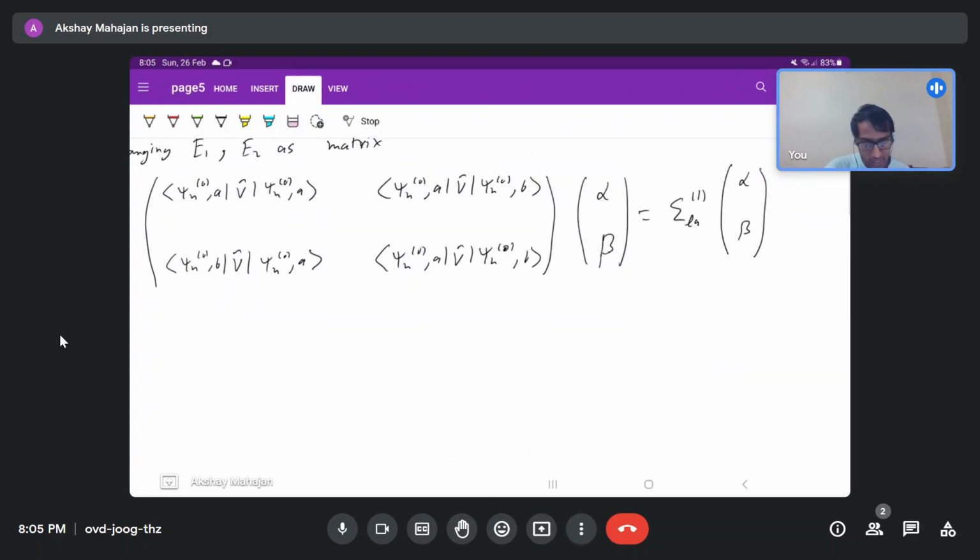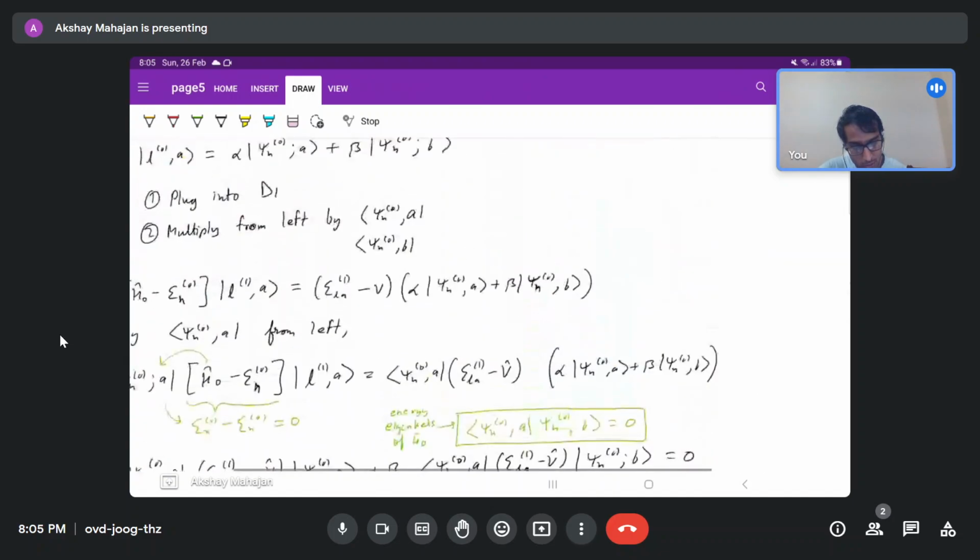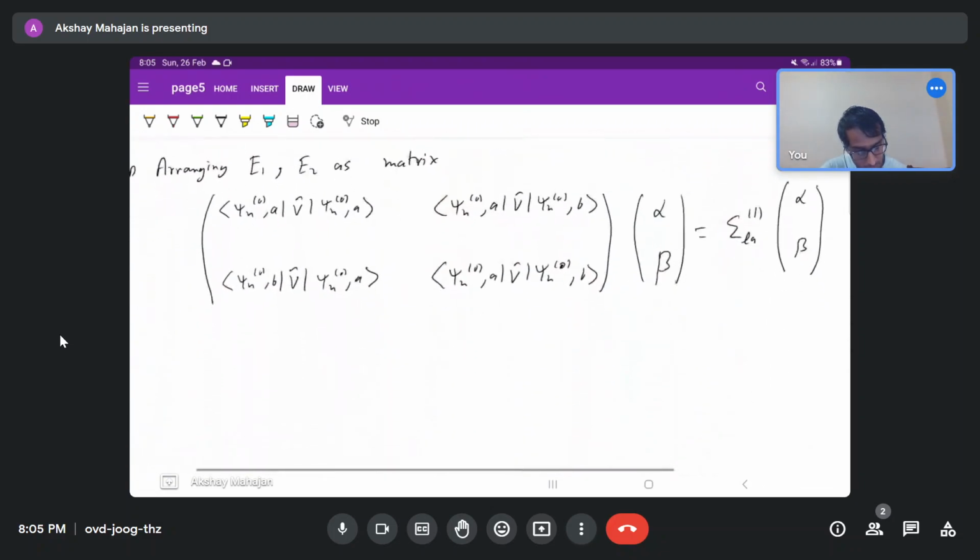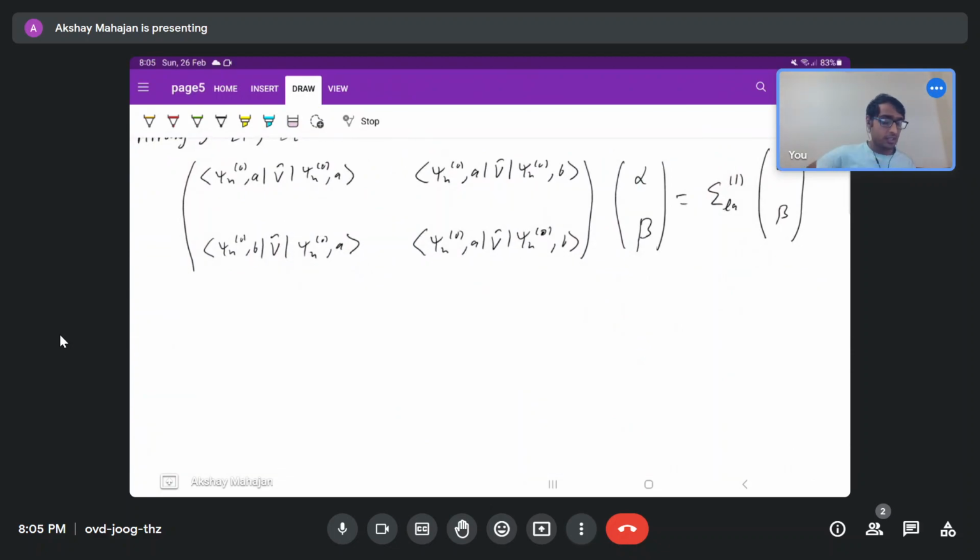You can see that this is just an eigenvalue equation now within our 2-fold case, and if we just consider 2-fold degeneracy, then we can simply see that there is an eigenvalue equation here, and thus this is going to be our eigenvalue.